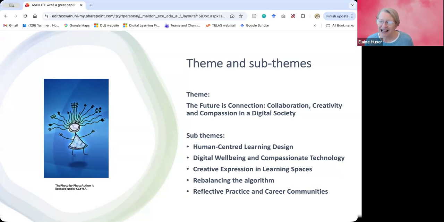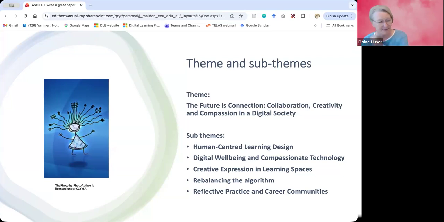And again, we've tried to keep the sub-themes general in nature, so that you can think about how the research you're currently doing fits with one of those in some way or other. But that's up to you. That's where the storytelling and the narrative comes in. How can you touch on some of these words within your paper, within your title, maybe, so it's relevant to the conference.